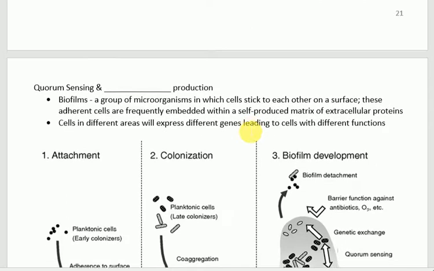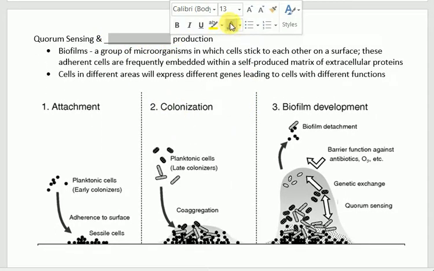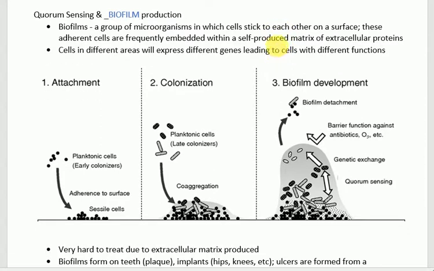There is such a thing called quorum sensing and biofilm production. So a biofilm is a group of microorganisms in which cells stick to each other on a surface, and then they adhere to cells, and they are frequently embedded within a self-produced matrix of proteins.